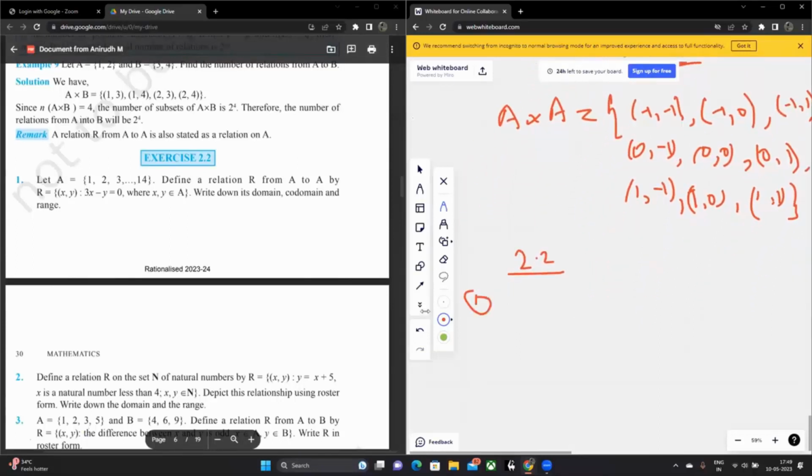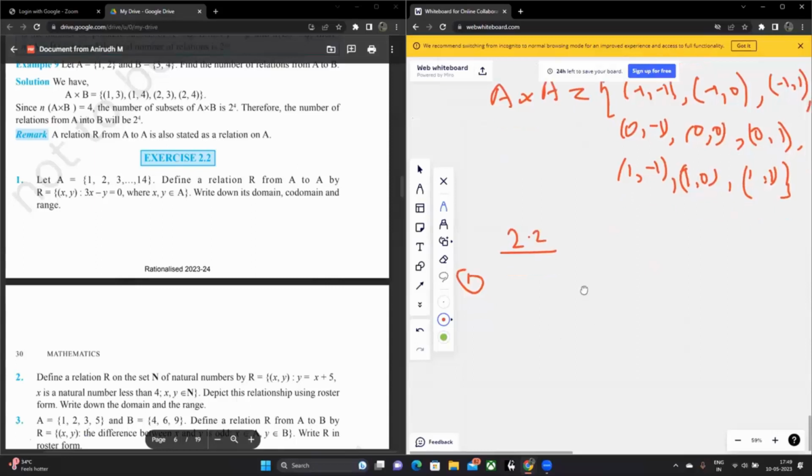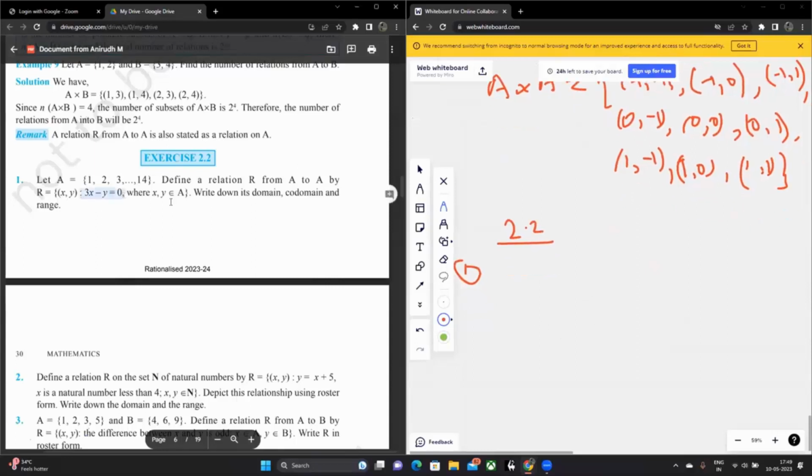Right, question number 1. Define the relation where 3x minus y is 0. Write down its domain, codomain, and range. So basically here you have the fact that 3x equals y, and you have the constraint that y belongs to this set A. You have the constraint that x belongs to this set A, right?